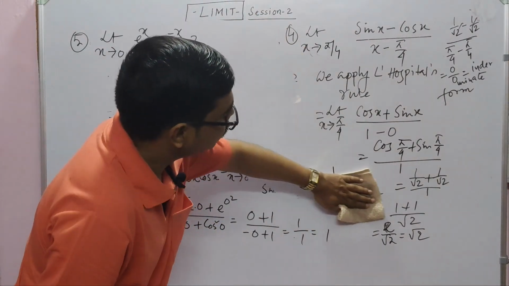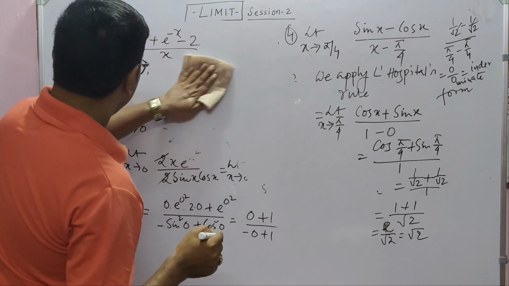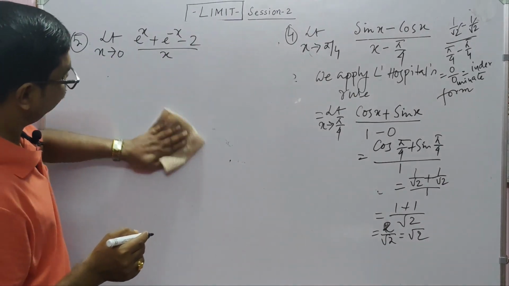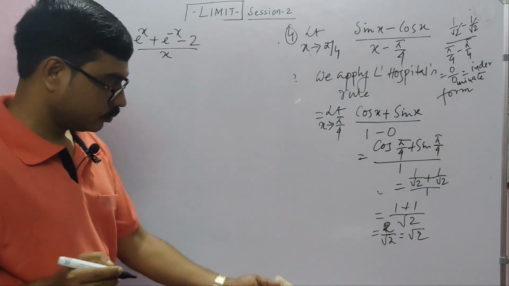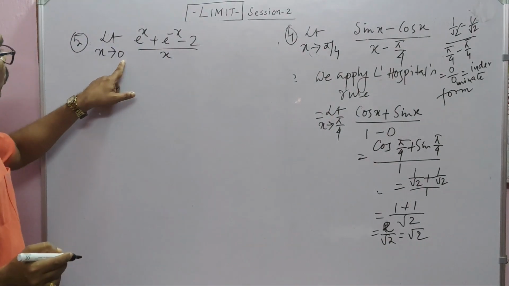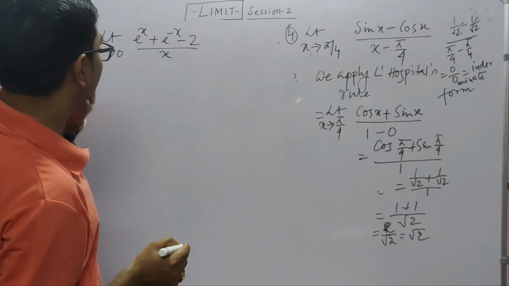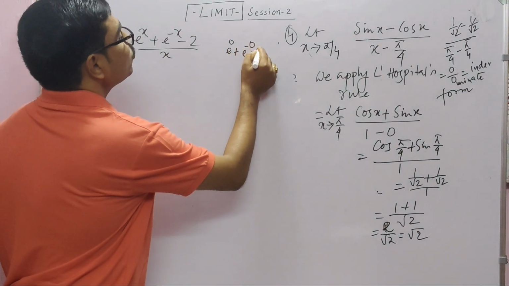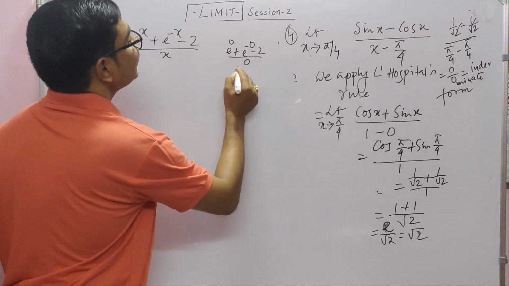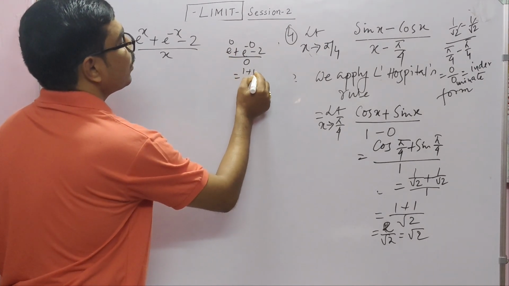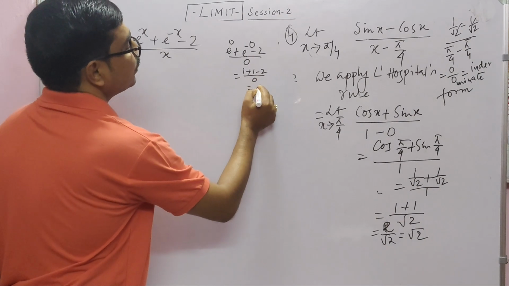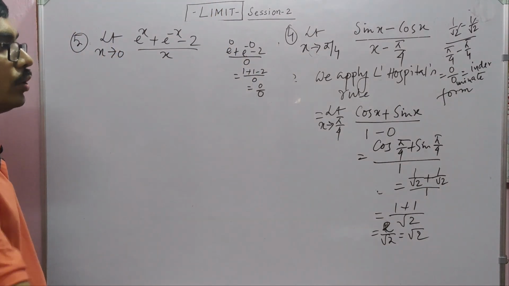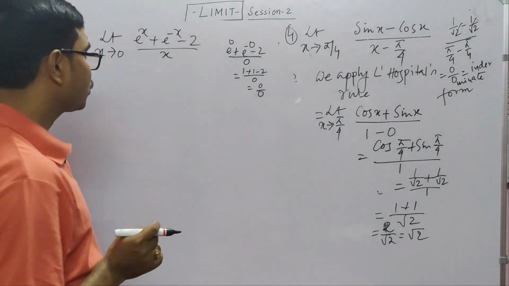Same as before, x equals 0: e to the power 0 plus e to the power minus 0 minus 2 by 0, that is e to the power 0 means 1, plus 1 minus 2 by 0, that is 0 by 0, the indeterminate form. So we apply L'Hopital's rule.